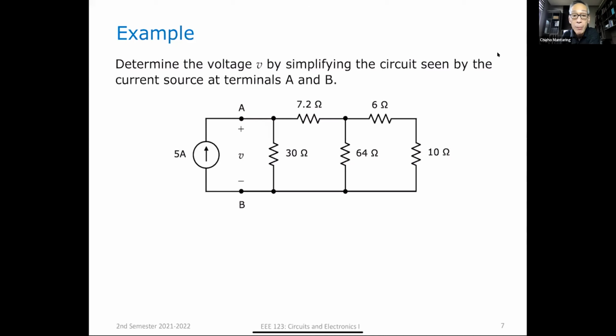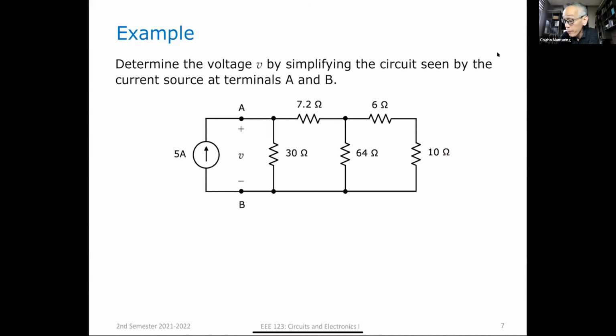So I want to simplify the problem. The way I simplify it, itong circuit na to, I will replace by just a single equivalent resistance. And by doing that, my solution to the problem will just reduce to Ohm's law. I can get V by multiplying my current source with my equivalent resistance.